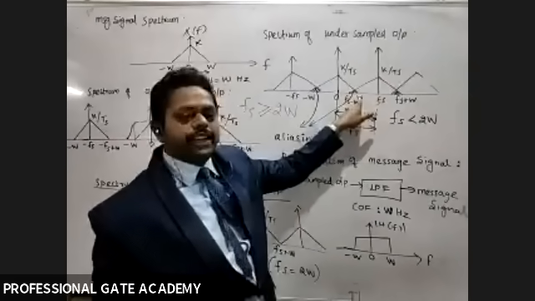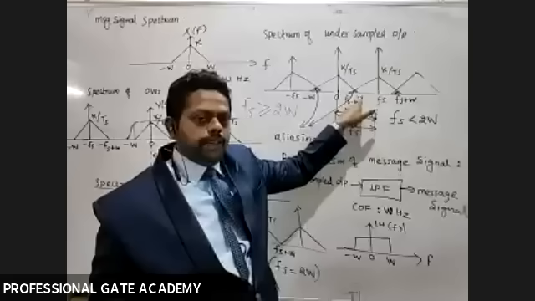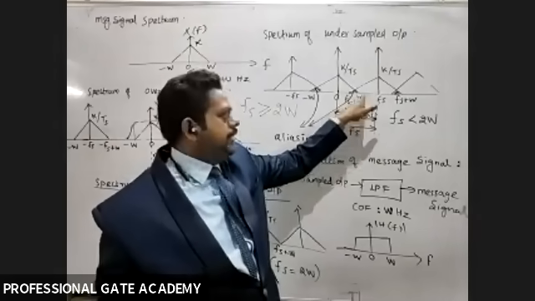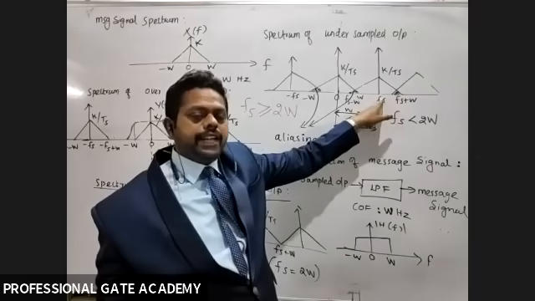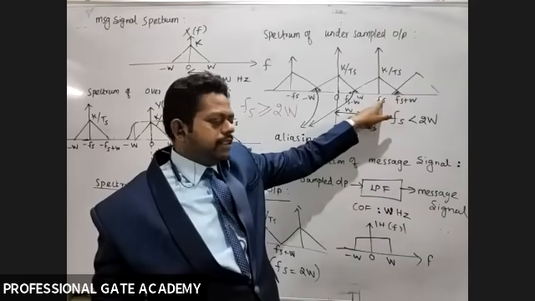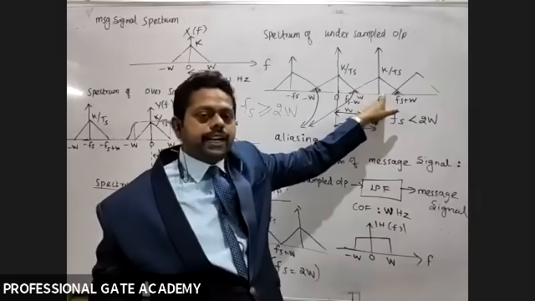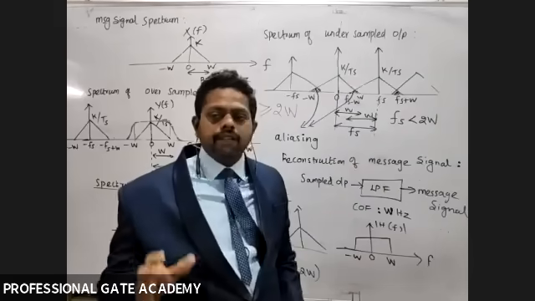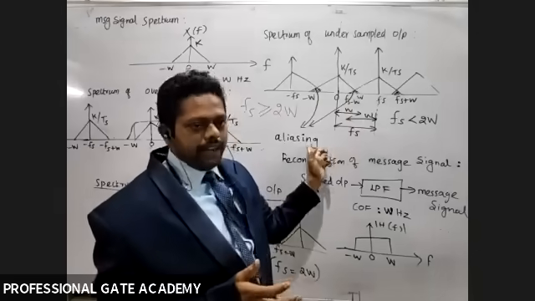See here, is W a low frequency or high frequency? Low frequency. But we selected Fs very high, so Fs is a high frequency. Mixing of low frequency component with high frequency component is called aliasing in a communication system. Wherever in communication low frequency and high frequency components are mixed, that effect is called aliasing.